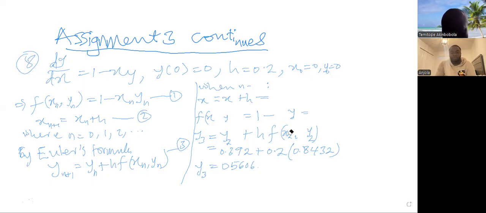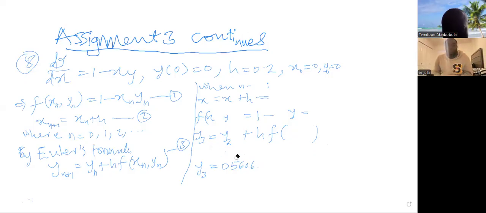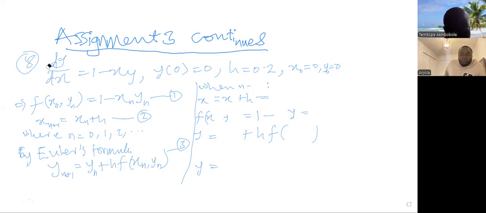Now, if we do y4 and we have the same value, then we stop. So you stop when y of n plus 1 is equal to y of n. Hope that is clear.